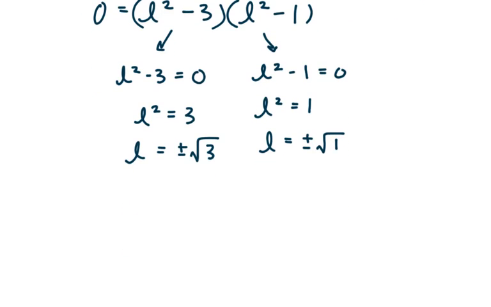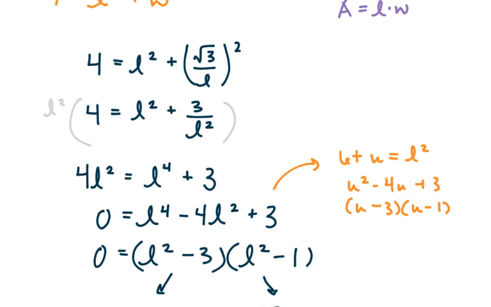So this gives me four values, two which are positive and two which are negative. Now, we're measuring something and we don't measure distances in negatives. So what we can say is either the length equals positive root 3 or the square root of 1 would be positive 1. What would that mean for the width?